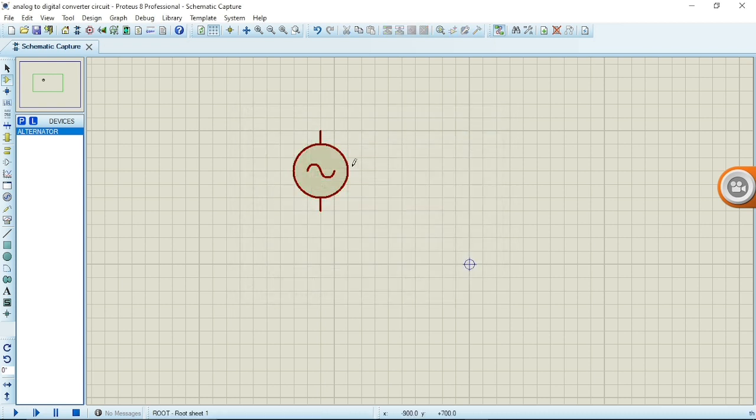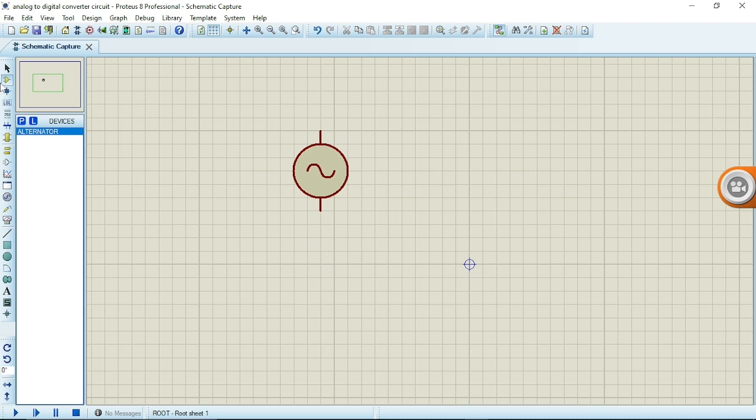I want to be sure that this is actually what I'm looking for, that it will give me 220 volts. What I'm going to do is use an AC multimeter to check the output of this component, to see if it will actually give me 220 volts. So I come right here. We have virtual instruments mode, generator mode, and then the AC voltmeter.